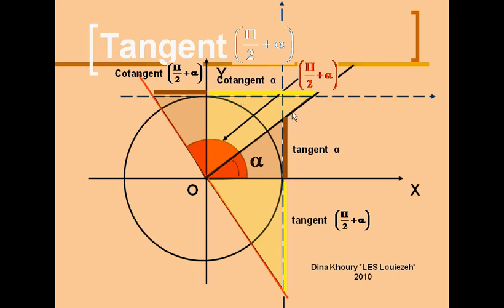These two segments or sides are congruent or equal, but this segment is situated at the positive side of the tangent axis, and this segment is situated at the negative side of the cotangent. So the relationship between them is cotangent pi over 2 plus alpha equals minus tangent alpha.